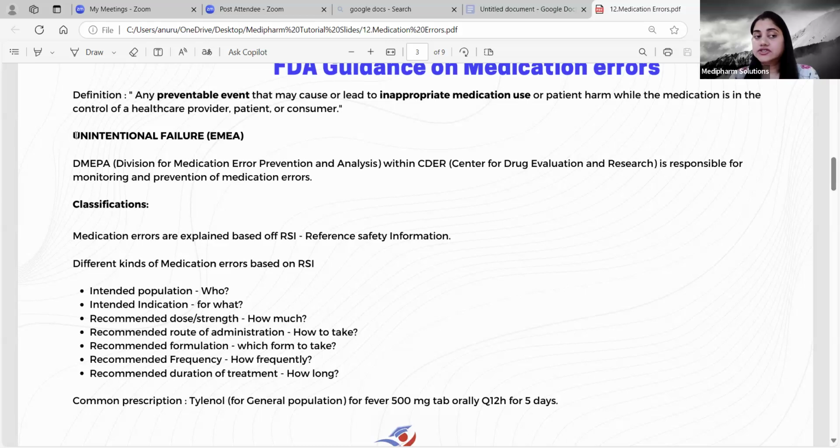And about this unintentional failure, you will have a better picture at the end of the slide when I'm going to explain that. And then medication error may be identified in post-marketing use and may frequently arise from the appearance of the product or its labelings.